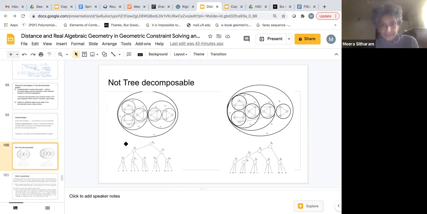As you can see, essentially you've got the C2 cross C3 sitting here. There's a triangle connected by three edges. It's not quite the same C2 cross C3 that we saw, but it's more or less that. And then it's connected. But this part alone is in fact triangle decomposable, because you could decompose it in a different way.